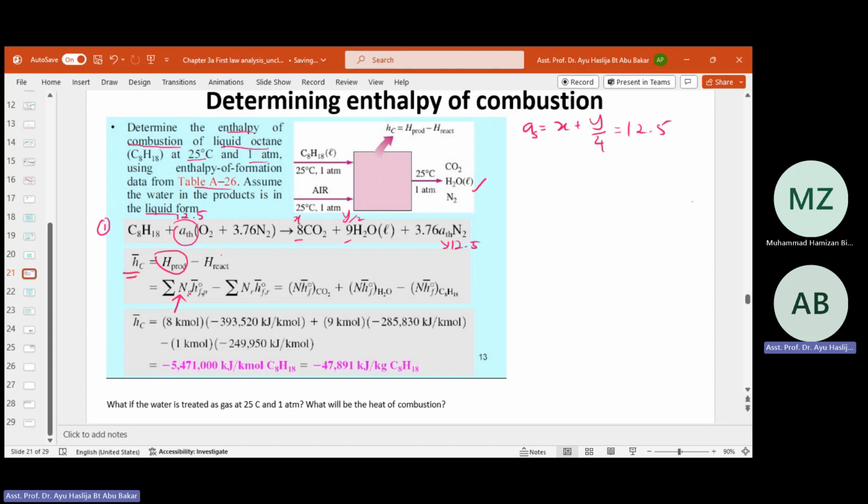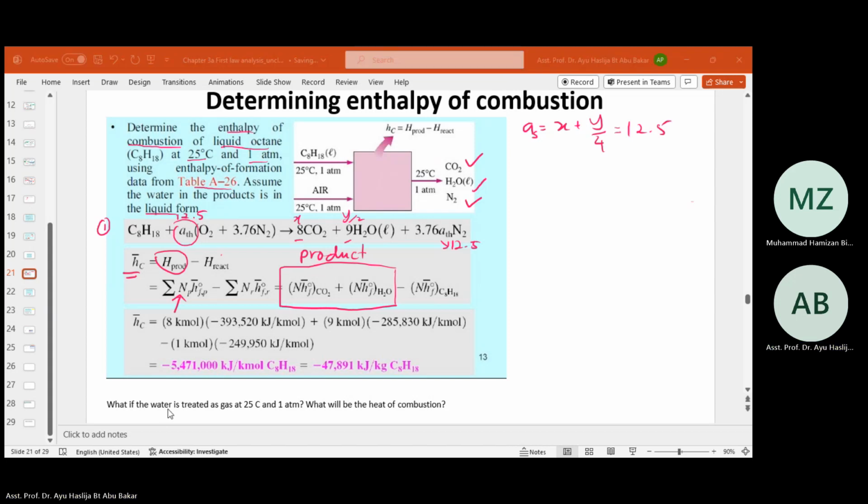Okay, now we extend the equation. Product is the CO2, H2O. This is the product part. Okay. Product. Sini kita ada CO2, H2O and N2. So kenapa tak involve N2?